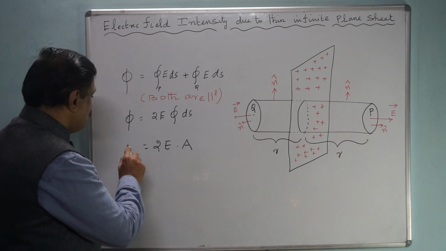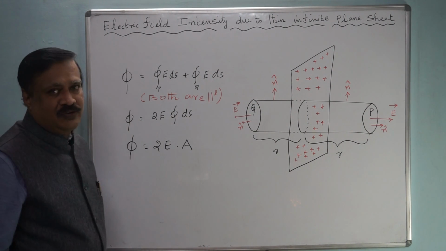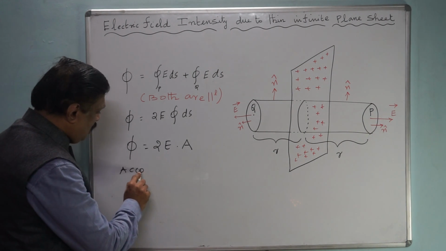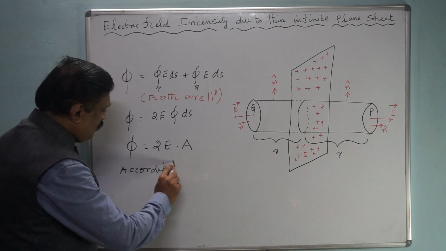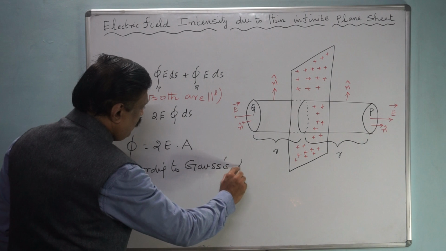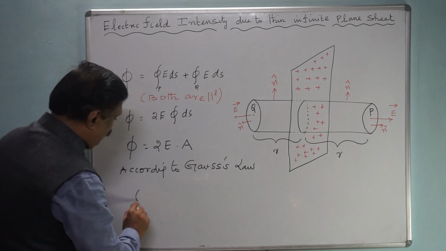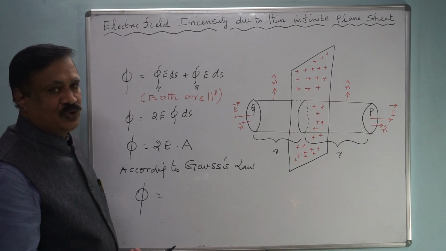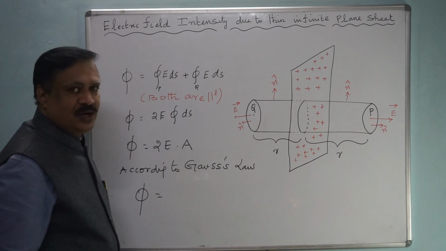Now this is the electric flux, equation 1: flux equals 2EA. According to Gauss law, flux equals Q by epsilon 0. But here we are putting A also.